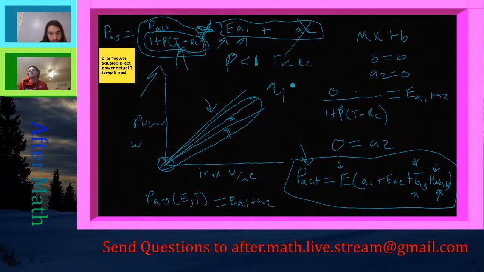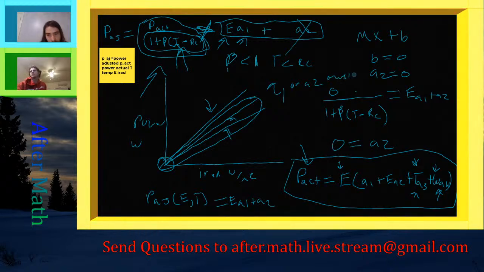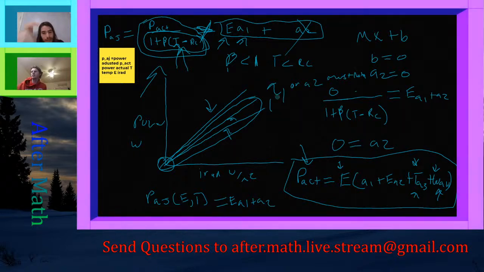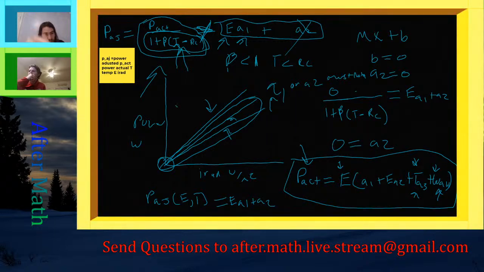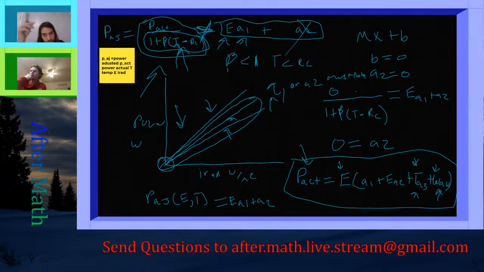A1 or A2 must not be constant, right? A1 could not be a constant. A1 would have to change with temperature in order to make this exist. Cool. Thanks, Jaden.